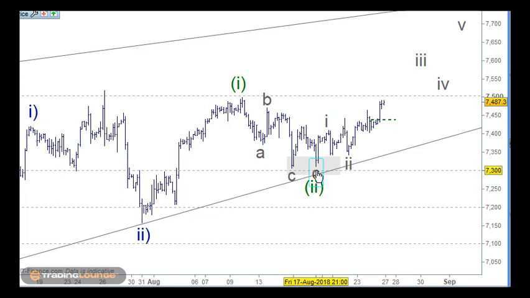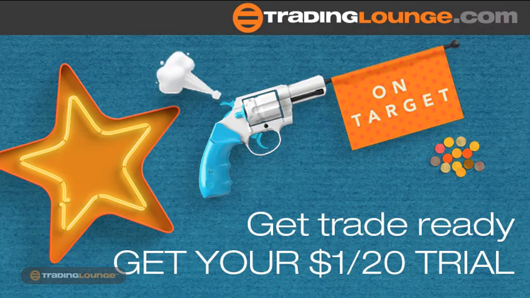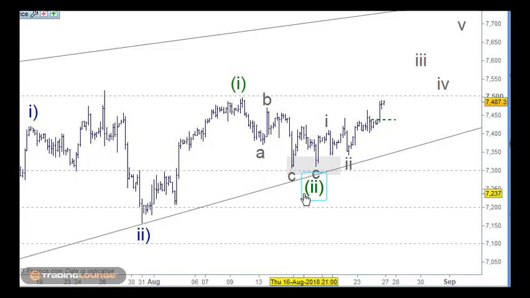I've got wave an A and a B and a C for wave 2 here on this low, but it certainly could be on this one as well. I just need to investigate this little move up here again. So here we've got wave 1 and 2, and moving up higher.